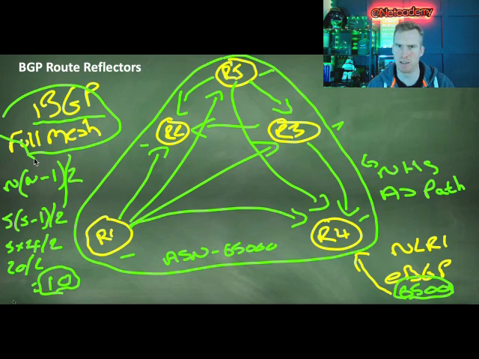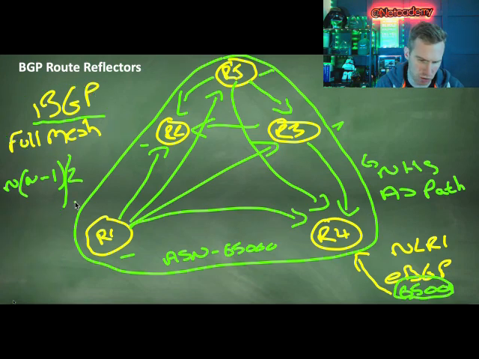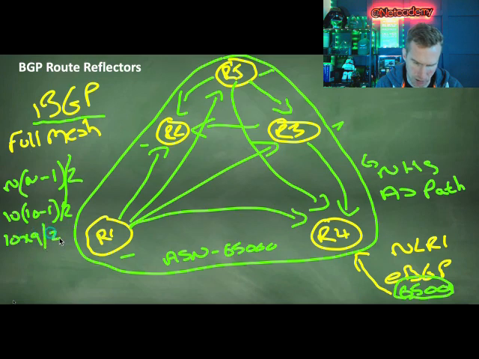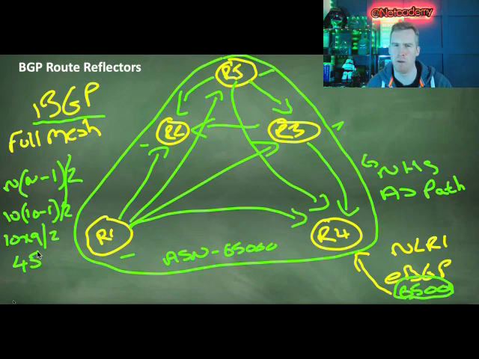But if we then just go up to, say, 10 routers, so say you've got 10 routers in the network, so 10 in brackets, 10 minus 1, divided by 2 again, that's then 10 times 9 divided by 2, that's 45 connections. You need 45 connections to have a full mesh of connectivity when you've got 10 routers.